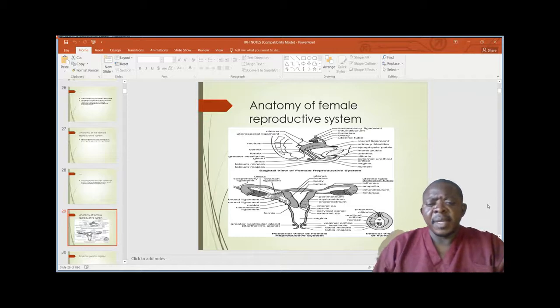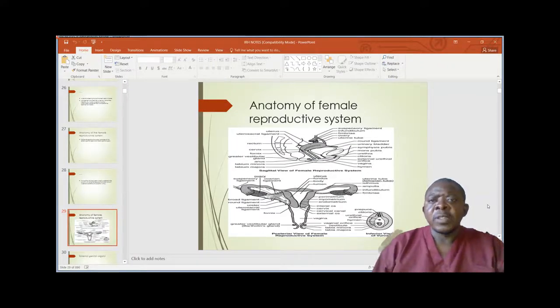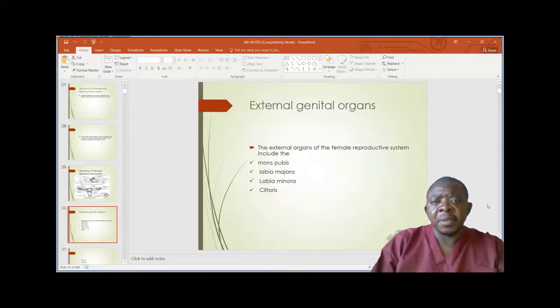So these views of the anatomy of the female reproductive system are important to make you understand the structures that are associated with the birth canal. So you understand their position so that you can understand the diseases that can be found in integrated reproductive health.